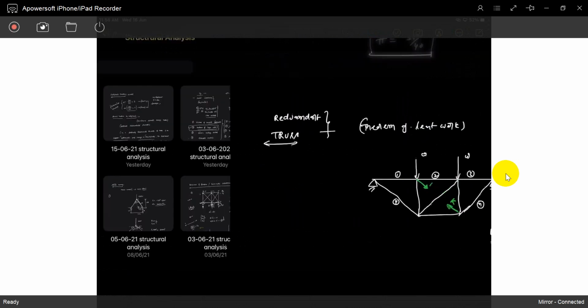Redundant truss member. Once again, I will explain. So how can we solve the redundant truss members? I will give an example.